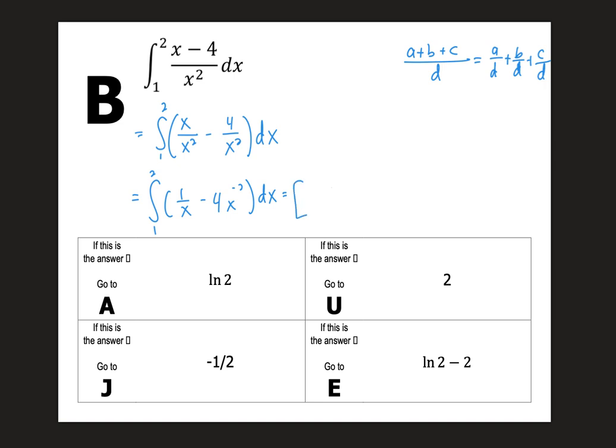Okay, so now we'll integrate. The integral of 1 over x is ln absolute value of x. And then you'll add 1 to the exponent and divide by the new exponent. So add 1, you get negative 1, x to the negative 1. Technically you divide by negative 1, but dividing by negative 1 basically just multiplies by negative 1, and that'll make that a plus. So we'll just make that a plus right now. Now we'll plug in the top limit.